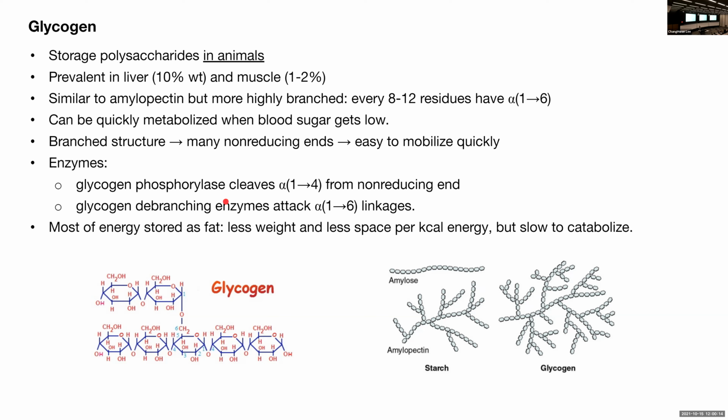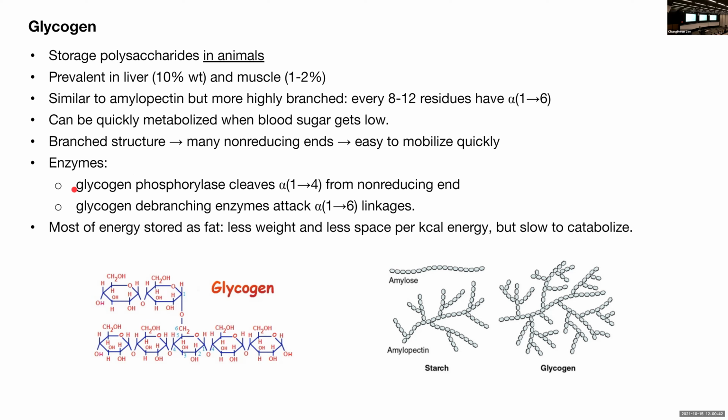Anyway, this is almost too much detail, but you're going to have a lot of branching ends, and that means you can easily and quickly mobilize the glycogen. Mobilizing glycogen is basically breaking it down into a useful form, where it becomes the disaccharide or the monosaccharide.